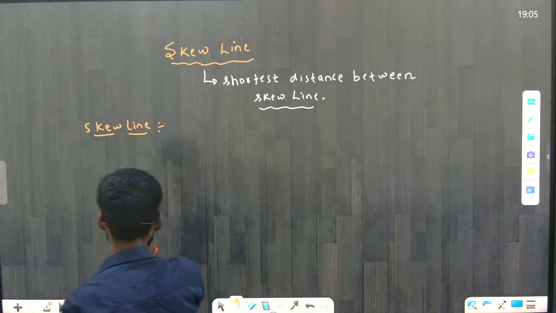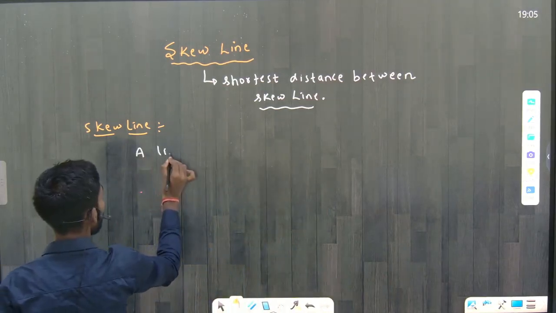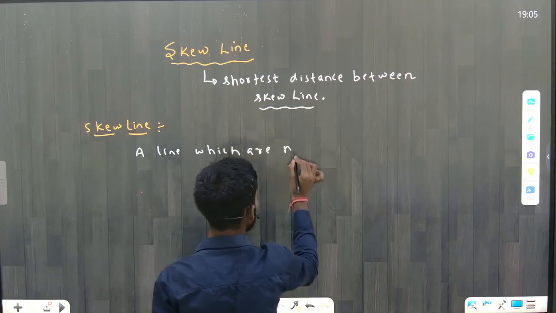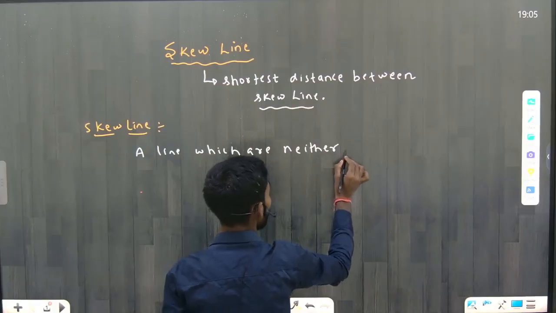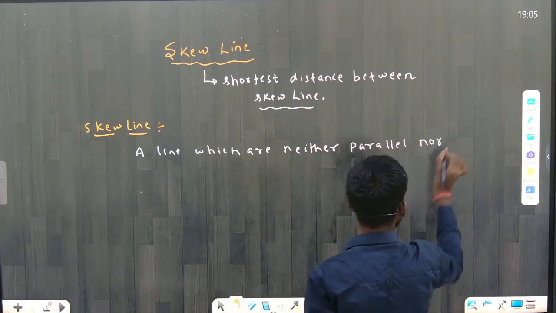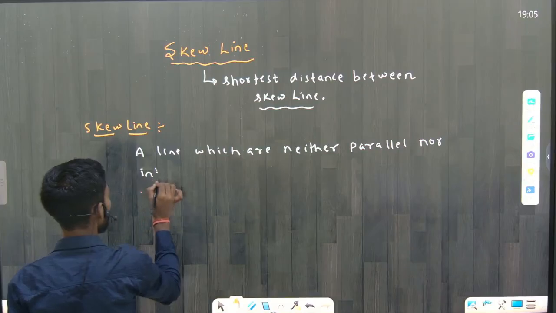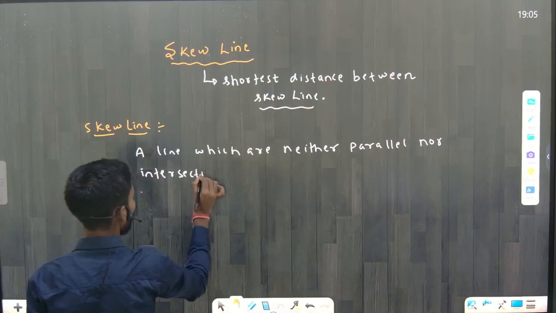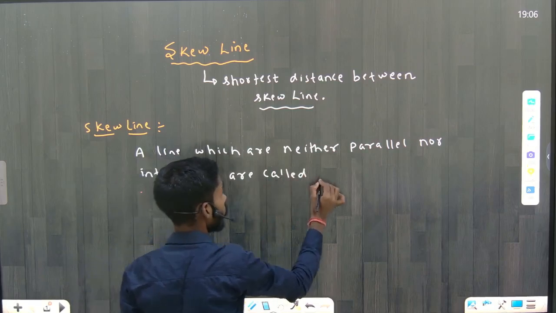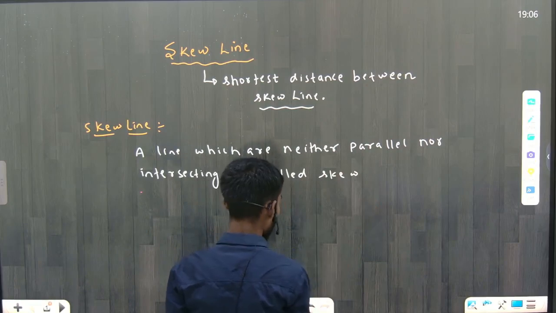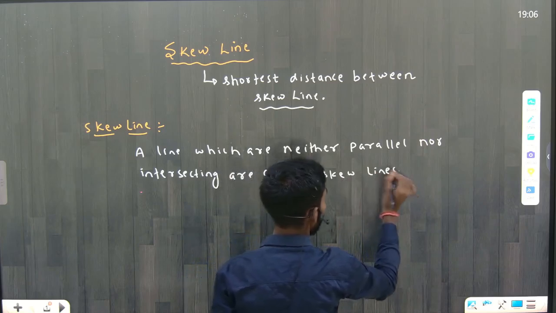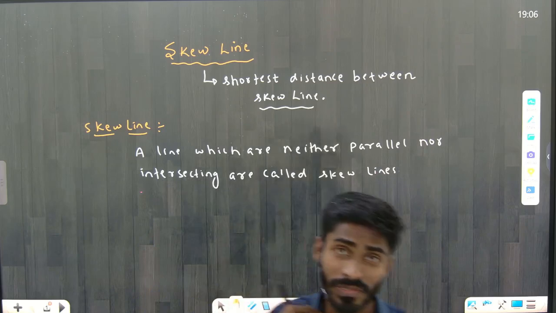What is the definition of a skew line? A line which are neither parallel nor intersecting are called skew lines.